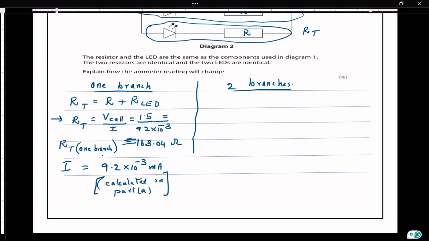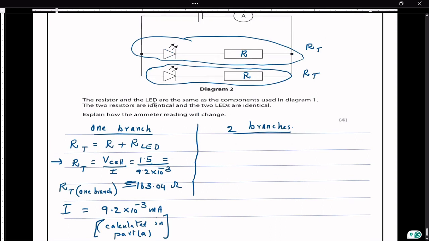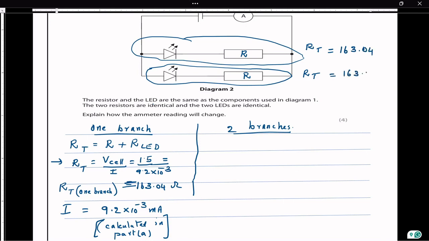Two branches in parallel. As we see here, each branch has a total resistance of RT, which we already calculated: 163.04 ohms. This is the total resistance of each branch.